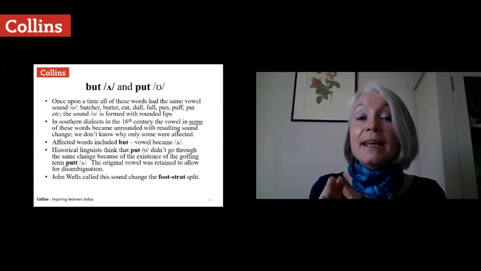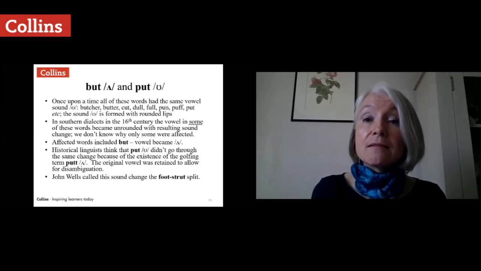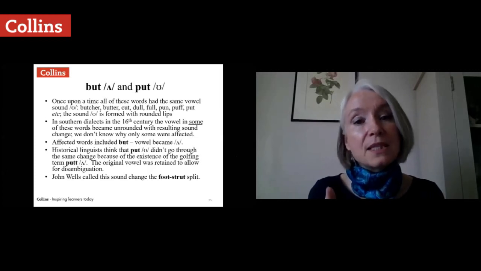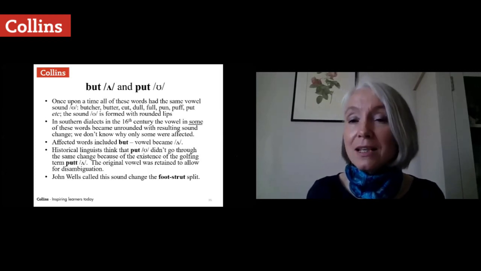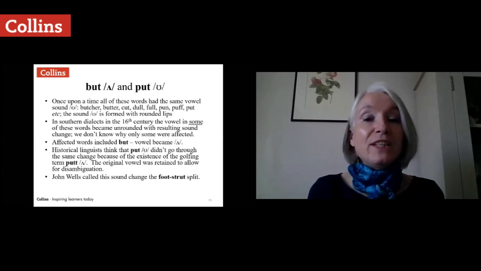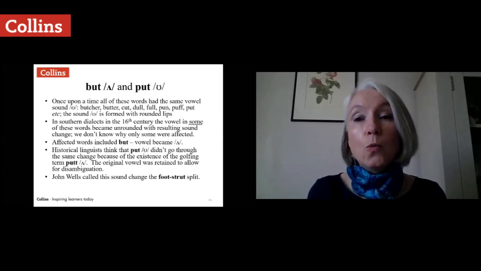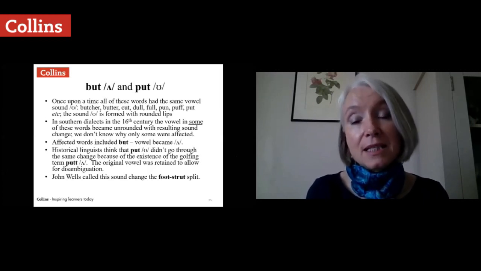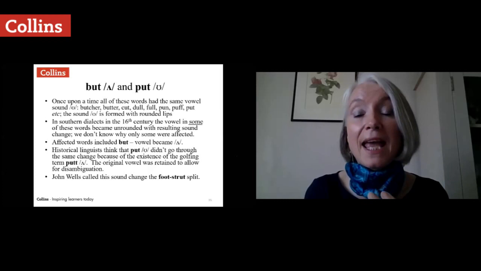could. Now, in southern dialects, in the south of England in the 16th century, the vowel in some of these words, not all of them, some of them became unrounded. We don't know why. We don't know what caused this. And we know that only some instances of the vowel became unrounded.